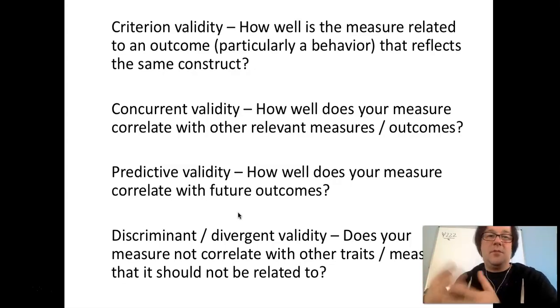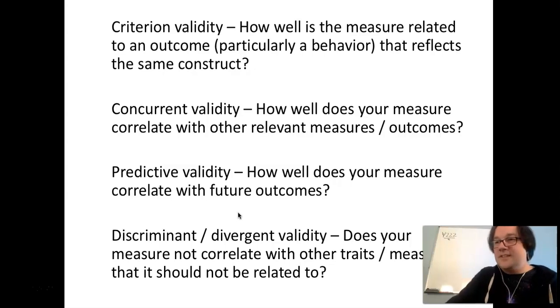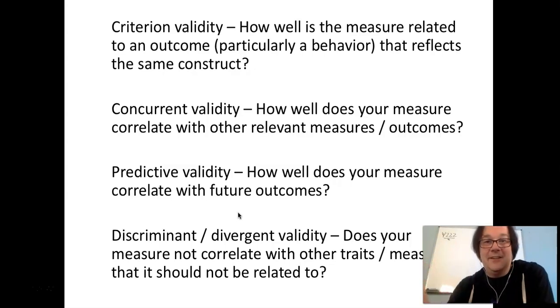So one example that we can use in terms of criterion validity is the SATs, right? Not even a scale, but just the SATs that most of you, I'm sure, took to get into college here.